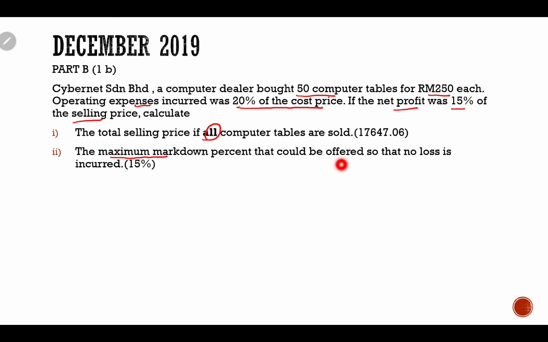loss is incurred. First things first, let us write the information given in the question. So we do have the cost for one computer, which is RM250. But since the question asks you to find the selling price of all, you need to find the cost of all computers.